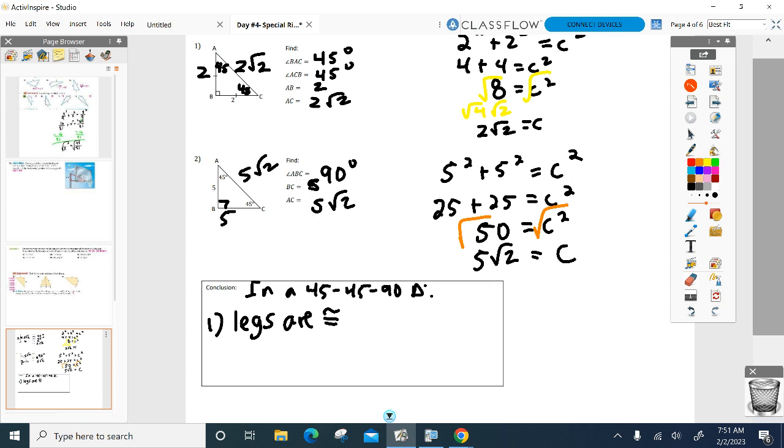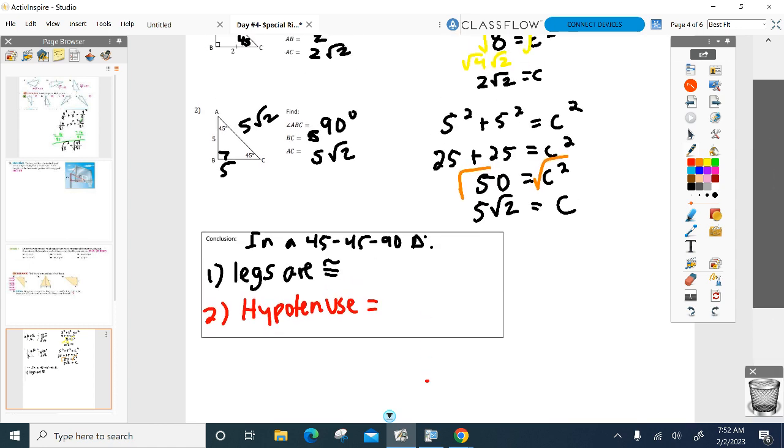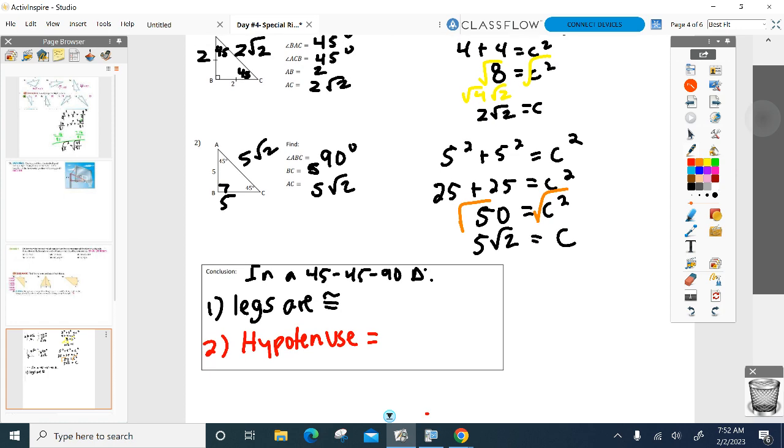So I can say, and you guys are going to finish this for me: the hypotenuse in a 45, 45, 90 is equal to, what do I need to do? Just explain to me in your own words if you're confident. What do I need to do to find the hypotenuse without using the Pythagorean theorem? Anybody see the pattern or a quick way to get to the hypotenuse?